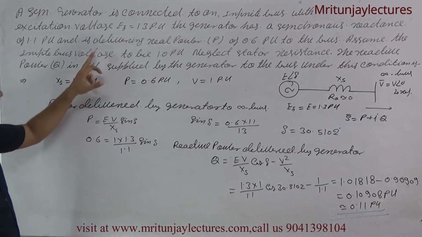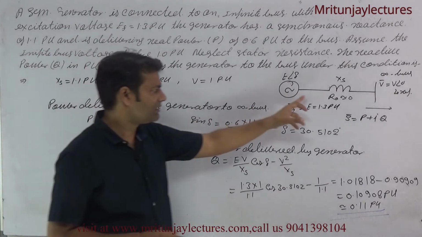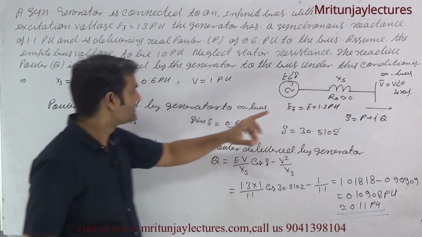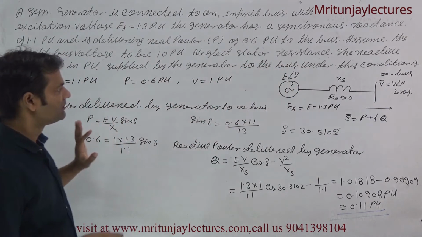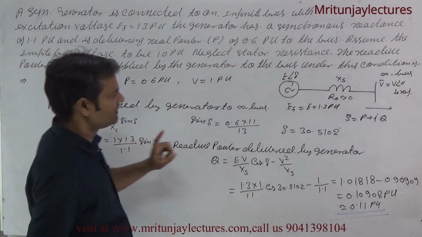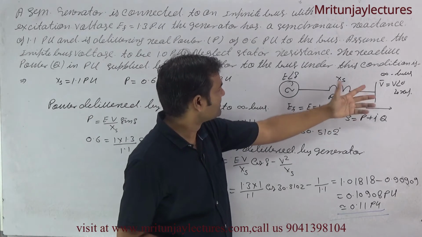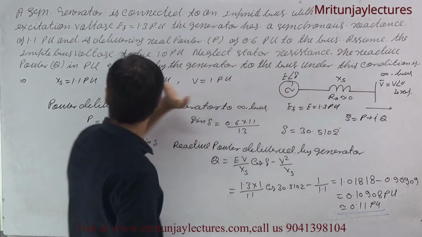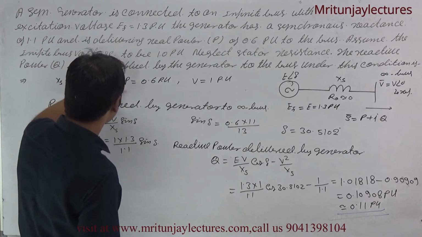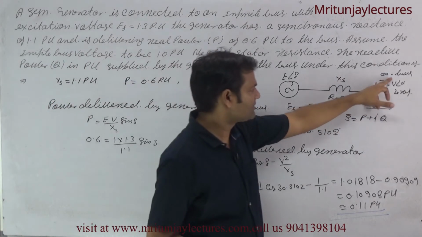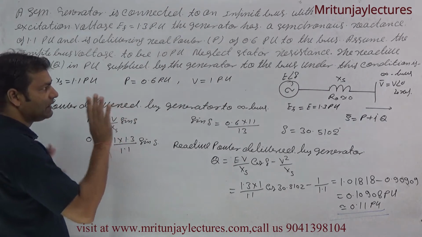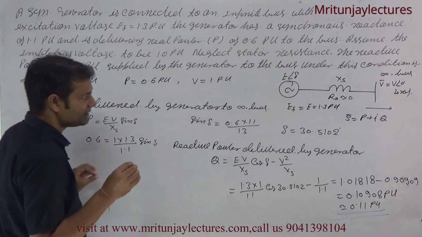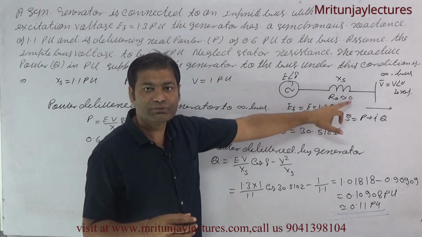Clear? It delivers real power, P is given as 0.6 pu, to the infinite bus. Assume the infinite bus voltage is 1 pu. Neglect stator resistance, Ra is equal to 0.